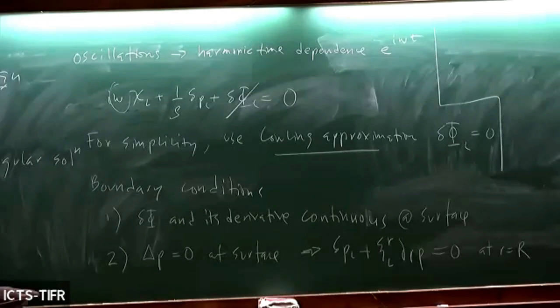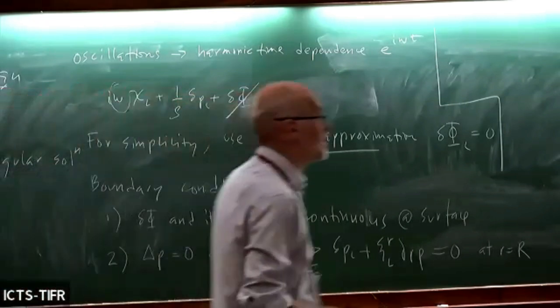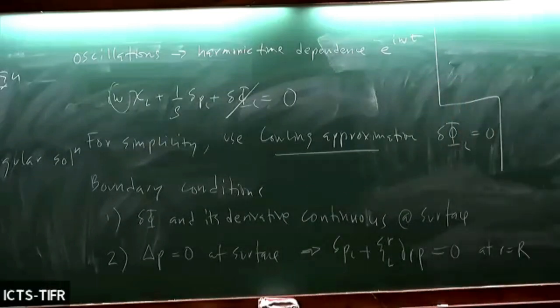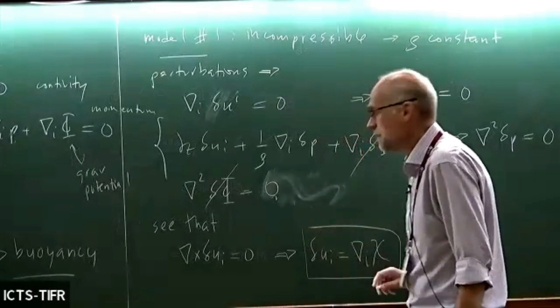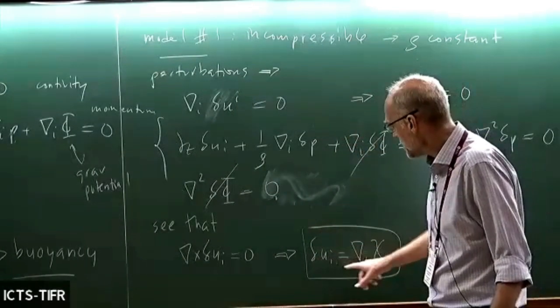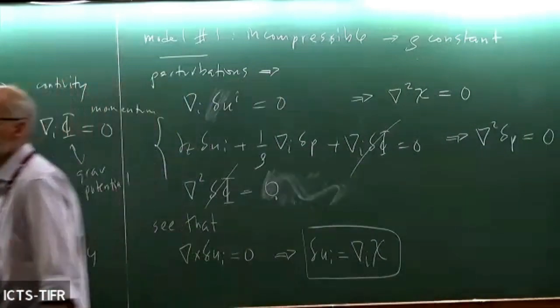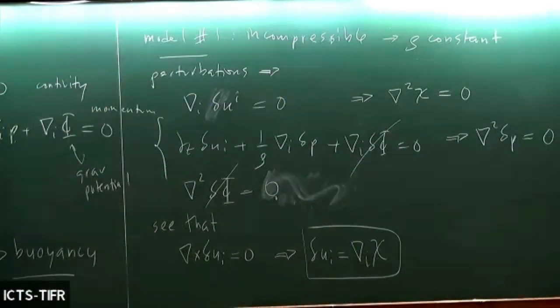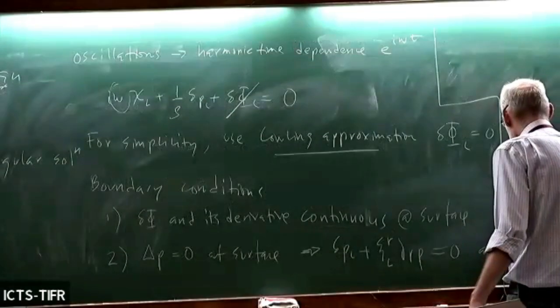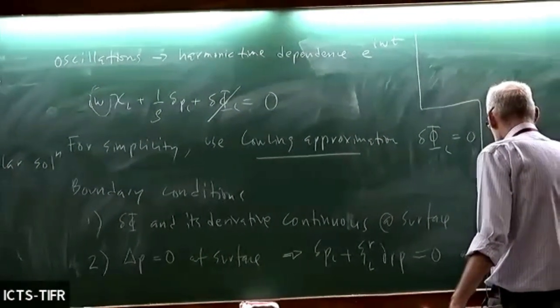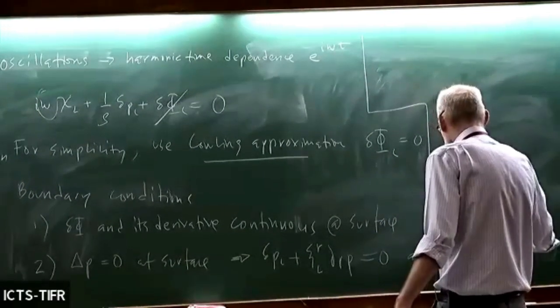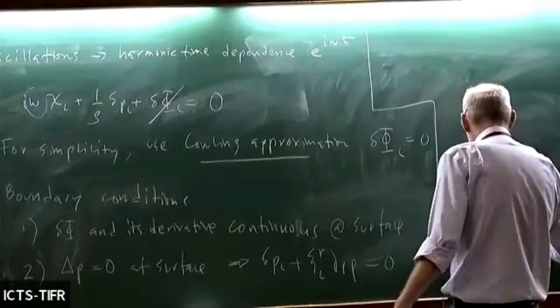I need to go back and remember, what was that chi? So that chi was given by, here I am again, over here. I need to relate this to the xi, the displacement. But that's really easy. So I need to remember here that delta u_i was grad_i of chi.